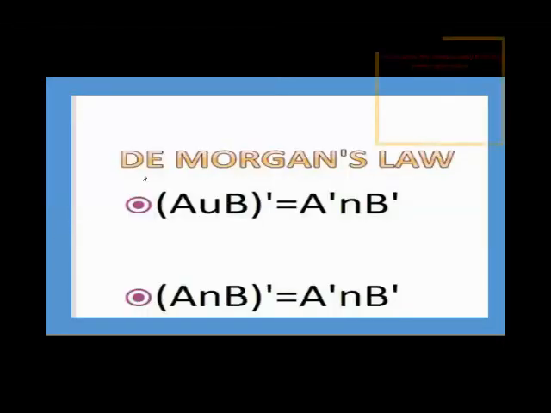Now the second objective, which is De Morgan law. For De Morgan law, again there are two conditions. The first condition is A union B whole complement equals A complement intersection B complement.